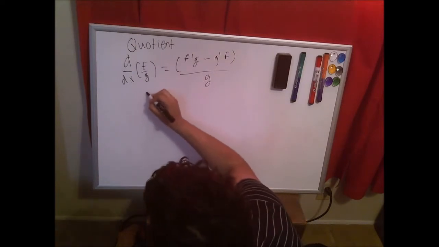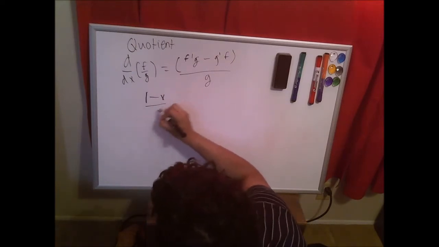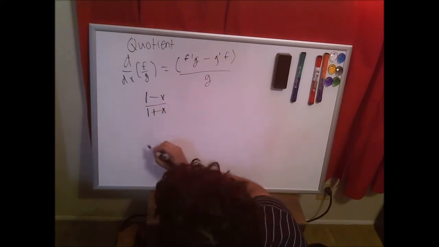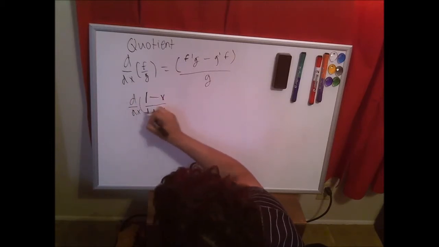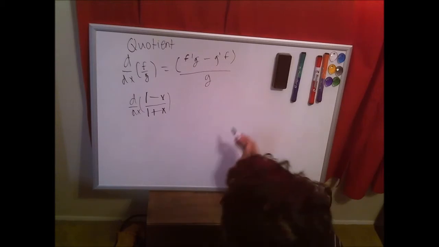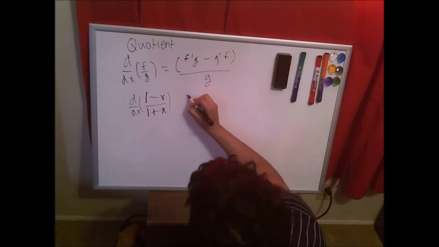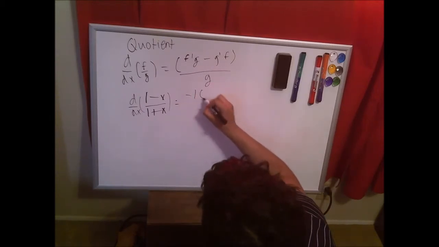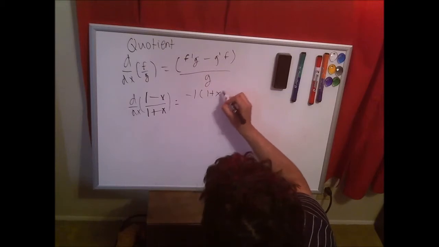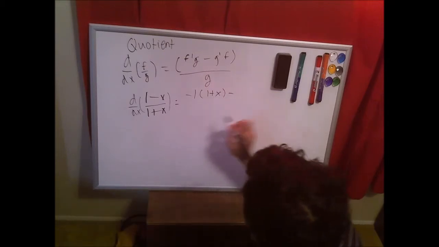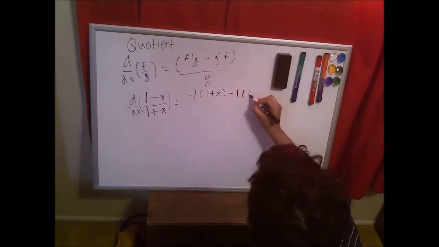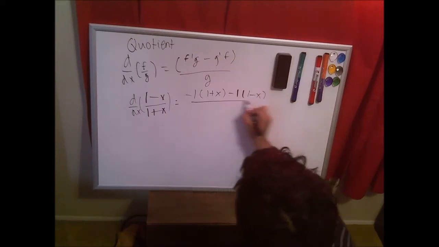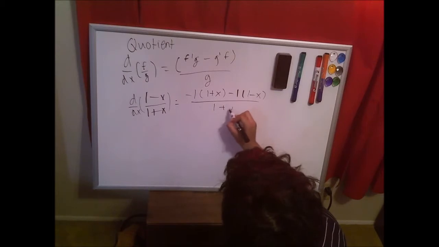Let's say 1 minus x over 1 plus x. And to take the derivative of this, we will take the derivative of the first one, which is negative 1, and we multiply it by the second function. We subtract the derivative of the second one, which is 1, times the first function, and we put it all over the second function.